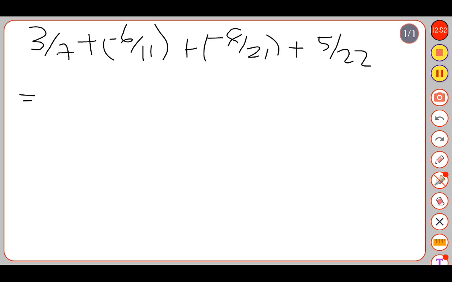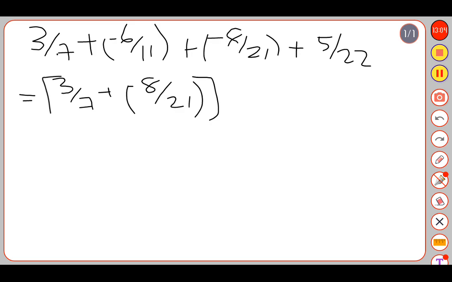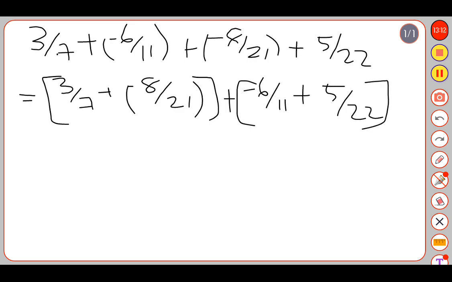So putting the similar terms closer, 3/7 plus (-8/21), and here (-6/11) plus 5/22. So here the LCM will be 21.